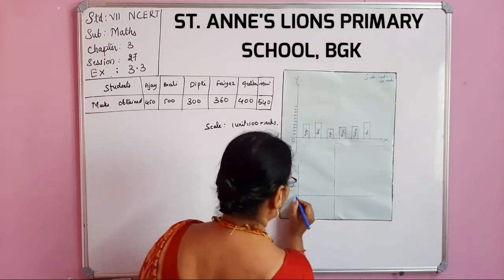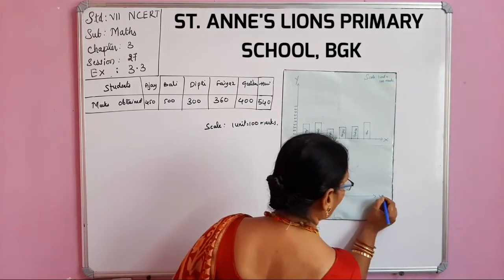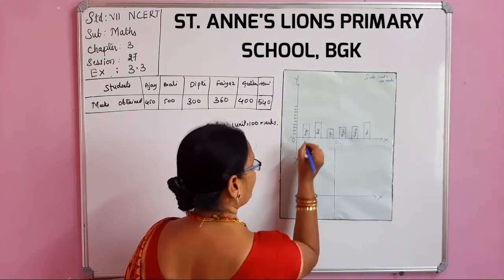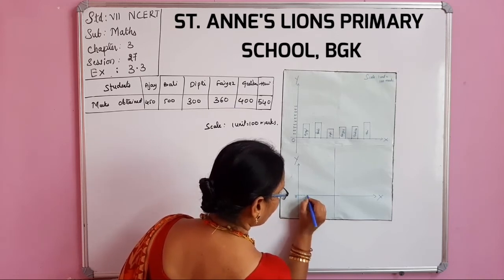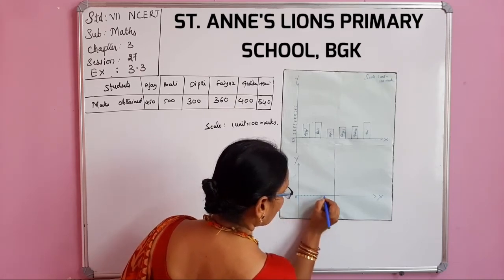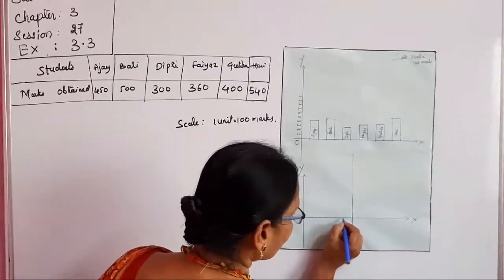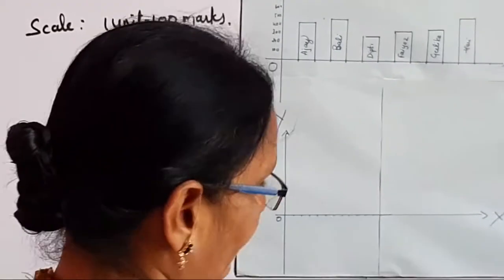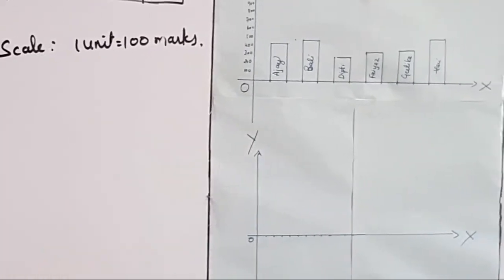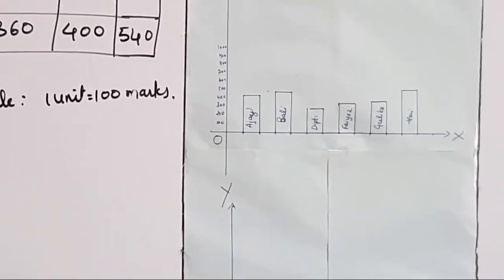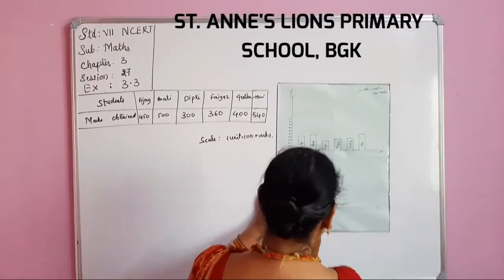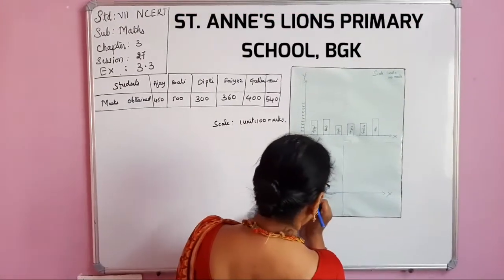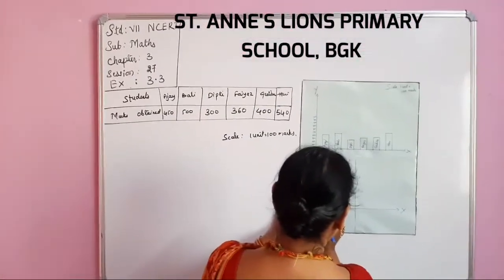See, this is O, X, Y. See now, this is 1, again 1, so 1 centimeter you have to mark. If there is sufficient place, you must have 2 centimeters or 2 units in between. Now Ajay is 400. Here see, 1 you have to leave, 1 you have to use. 400. 1, 2, 3, 4.